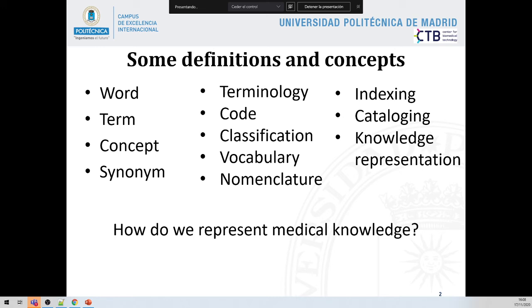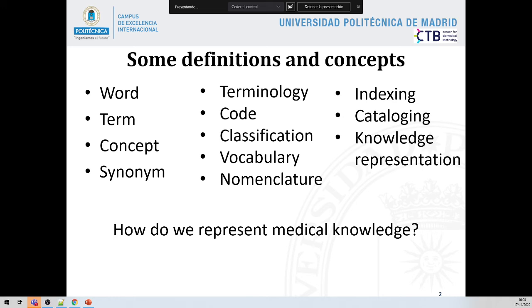We have words and terms, where a term can be one or more words that are used as a unit. So a term can be several words that mean something. Also a concept, which is more like an idea or an action or a thing. A synonym is when two terms mean the same concept.